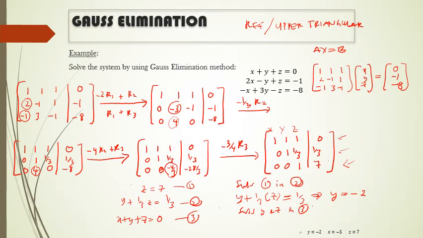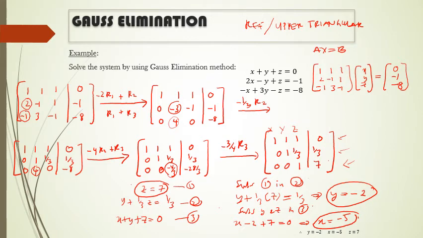So we substitute X minus 2 plus 7 equals 0. So X must be equal to 5. Negative 5, sorry. Negative 5. So this is X, this is Y, this is Z.